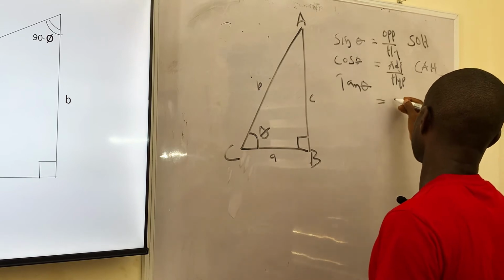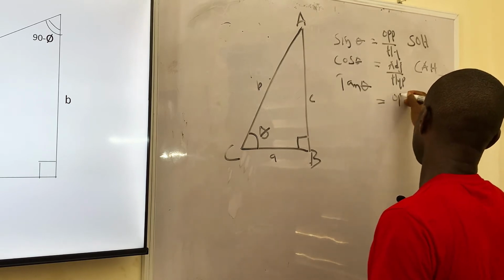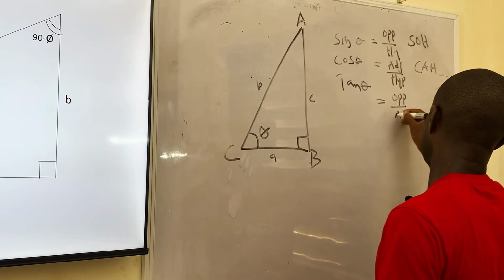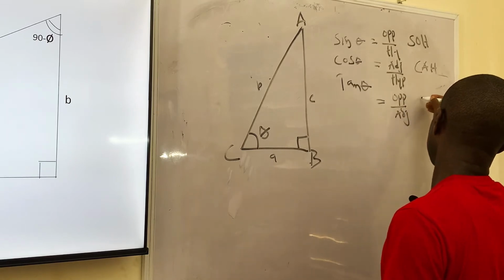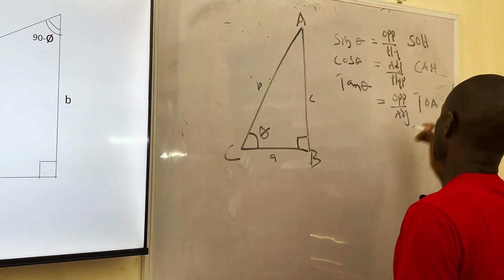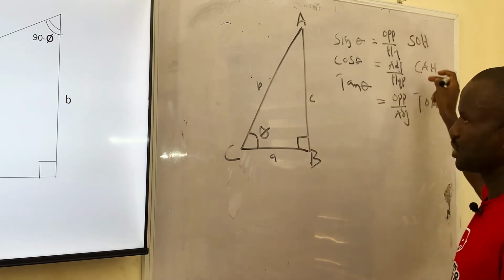While tan theta is opposite all over adjacent, meaning TOA. So we have the abbreviation SOH-CAH-TOA.